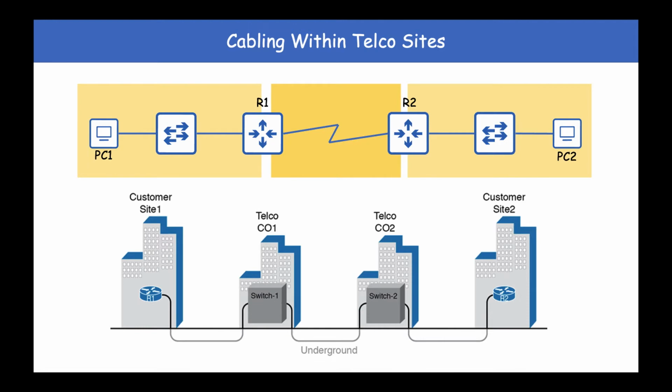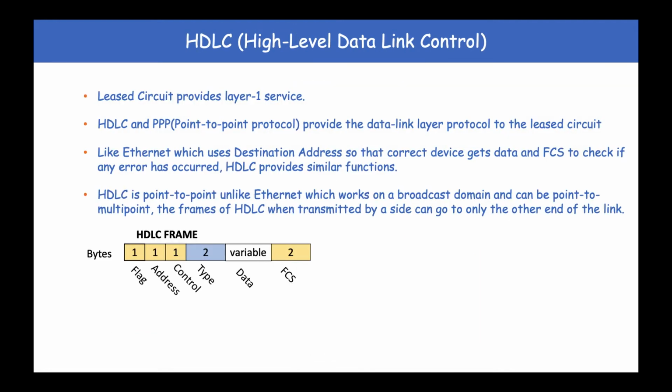An example of this type of leased circuit is HDLC, that is the High-level Data Link Control. As the name suggests, HDLC provides the data link protocol to the leased circuit. That is, it provides the methodology of how the frame is going to be transmitted from one end to the other end. Just like Ethernet, which uses a destination address to send the data to the correct device, HDLC also uses a similar functionality.